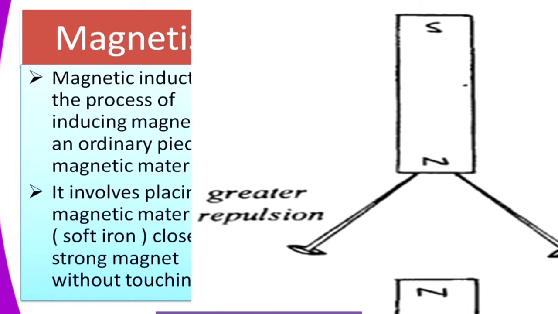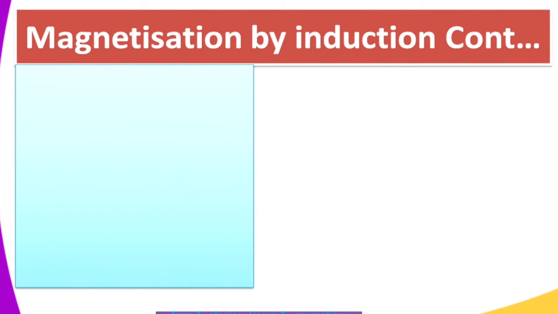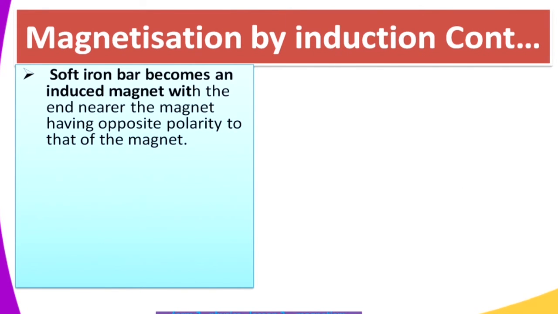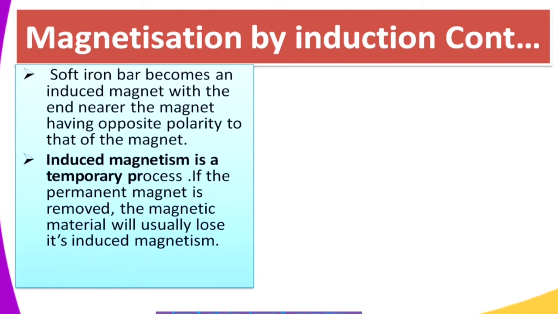So we also have this soft iron bar becoming induced by a magnet, with the end near the magnet having opposite polarity to that of the magnet. Induced magnetism is a temporary process. If the permanent magnet is removed or withdrawn, the magnetic material will usually lose its induced magnetism.